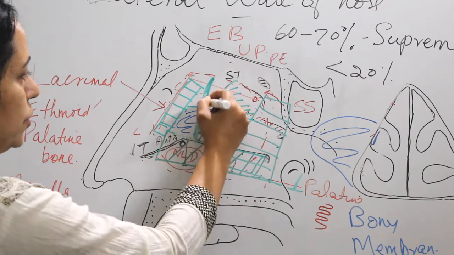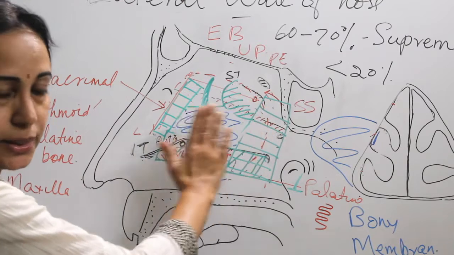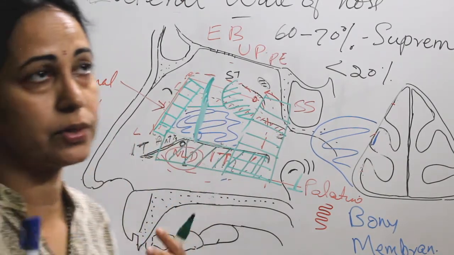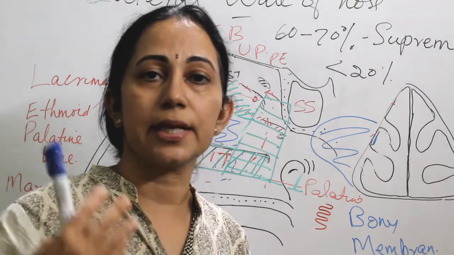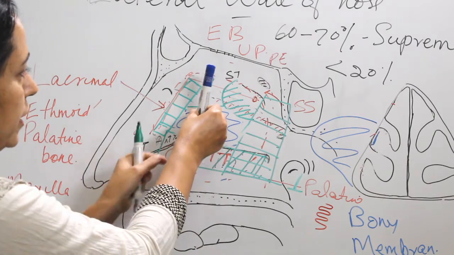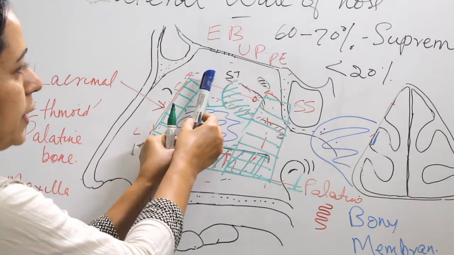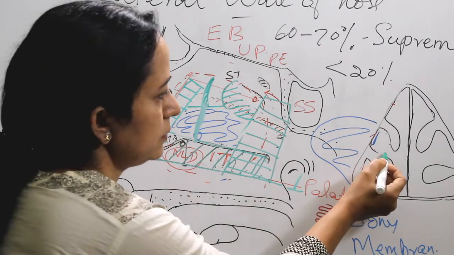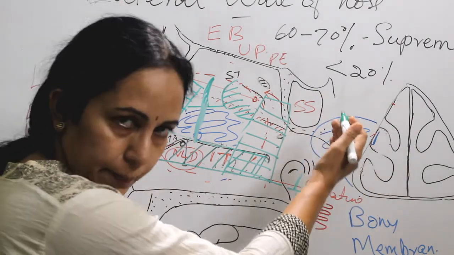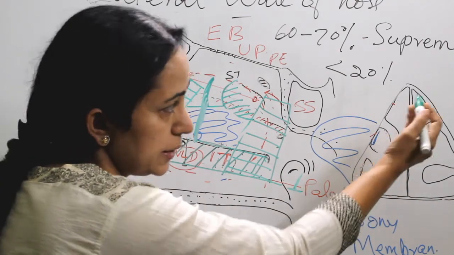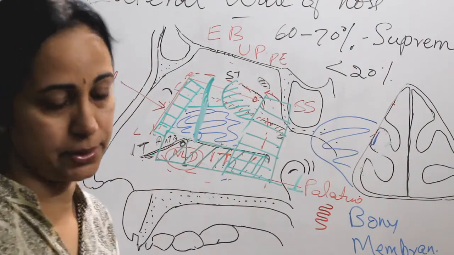Okay, so what happens? There is a membranous area, and this uncinate process, I was repeatedly telling, has a lower attachment which is always to the inferior turbinate. Superiorly it can go either to the lamina papyracea of the orbit, or to the middle turbinate, or to the skull base.